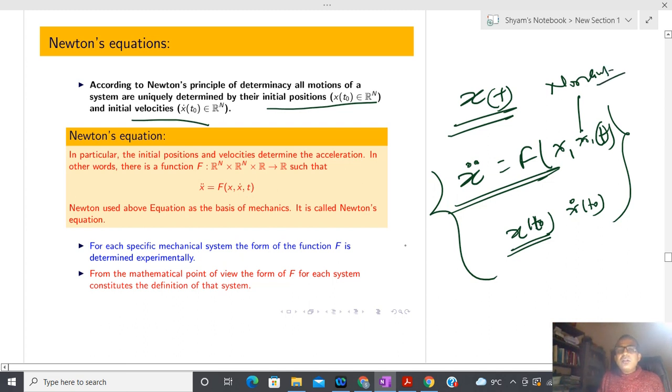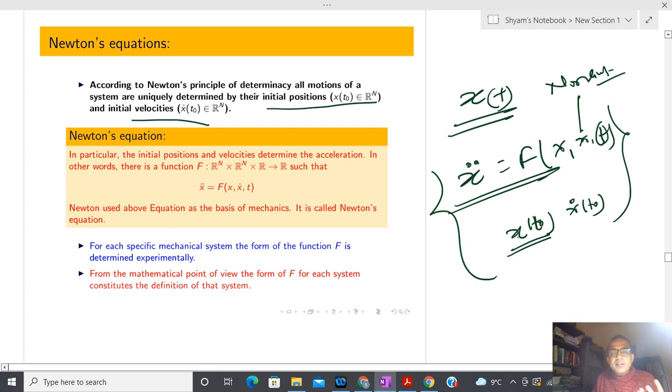Now what he said is that if you have to identify the future trajectory of any mechanical system or any system, you just have to make sure you are able to measure a position-like quantity or a velocity-like quantity. Why do I say velocity-like quantity? Even if you take temperature, and you know the temperature and the rate of change of temperature, again you are able to predict the temperature for all future time.